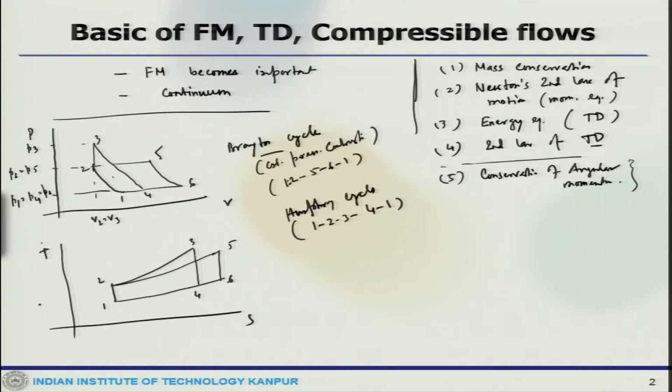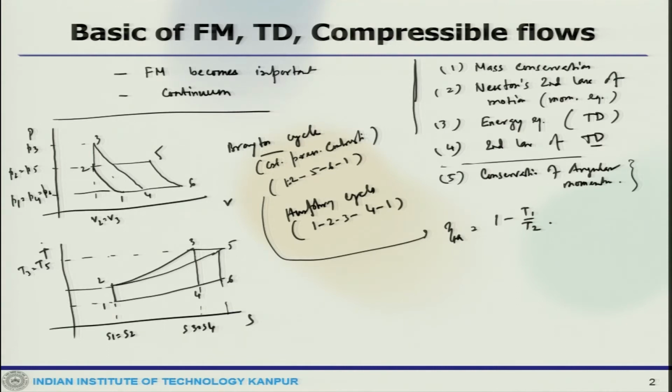So, you have T3 equals T5, this is 1, 2. So, you have S1 equals S2, S3 equals S4. Now, in the Brayton cycle, one can write the efficiency as 1 minus T1 by T2, this is again ideal.